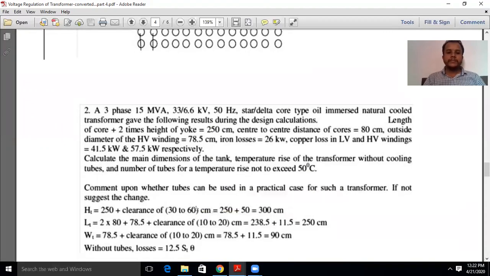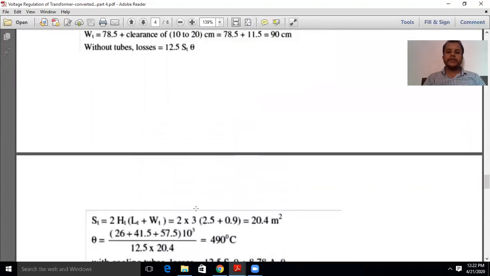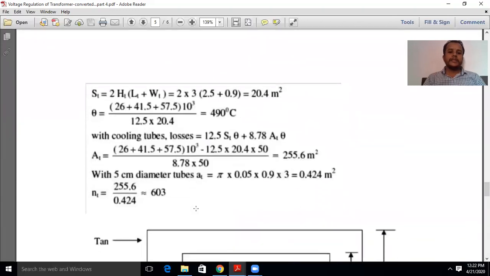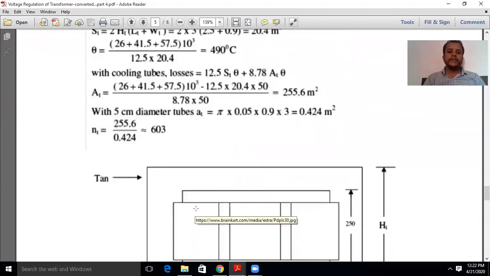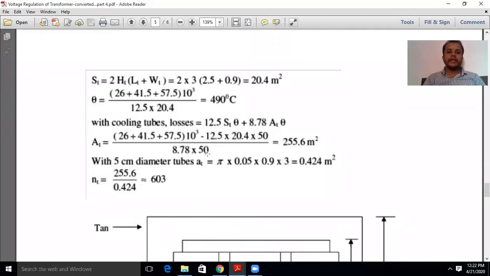So here, just have a look. See, this is theta they have calculated, and the area of this particular tank is calculated, and the number of tubes NT calculated.